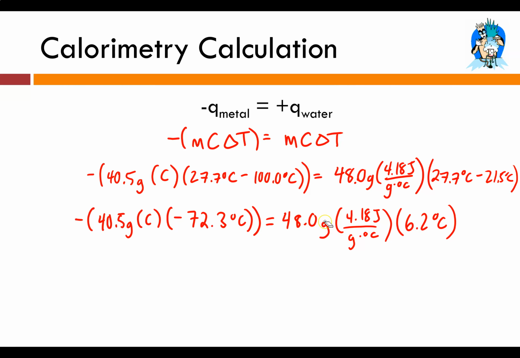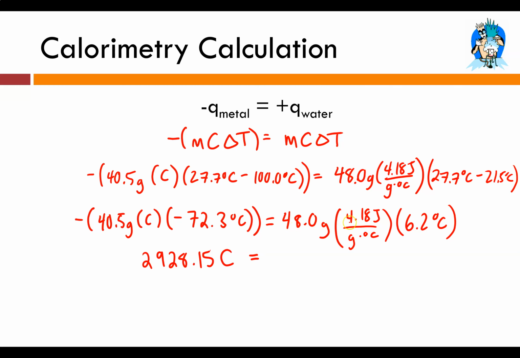It's really easy to make one small careless mistake and end up with a pretty wacky number. So if I take 40.5 times 72.3, my negative signs will cancel out. I'd get 2928.15 C. You might want to use X as your variable. That makes it easier for you to see it.